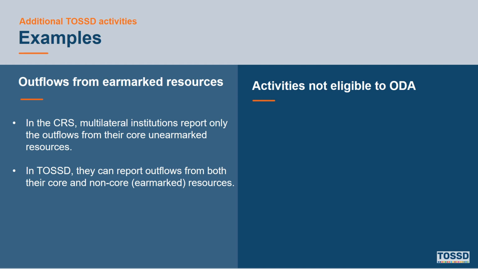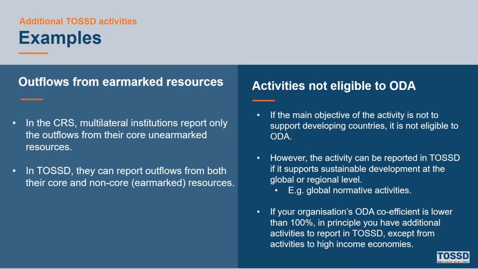The other type of additional activities that multilateral institutions can report in TOSSD are those that are not eligible to ODA. If the main objective of the activity is not to support developing countries, then the activity is not eligible to ODA. However, this activity can still be reported in TOSSD if it supports sustainable development at the global or regional level.